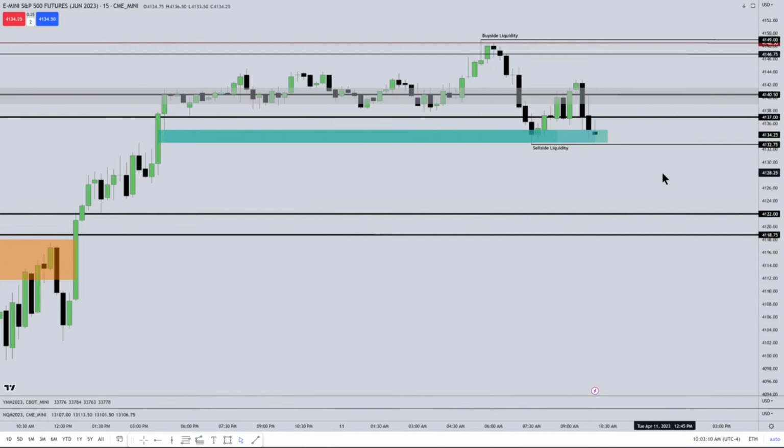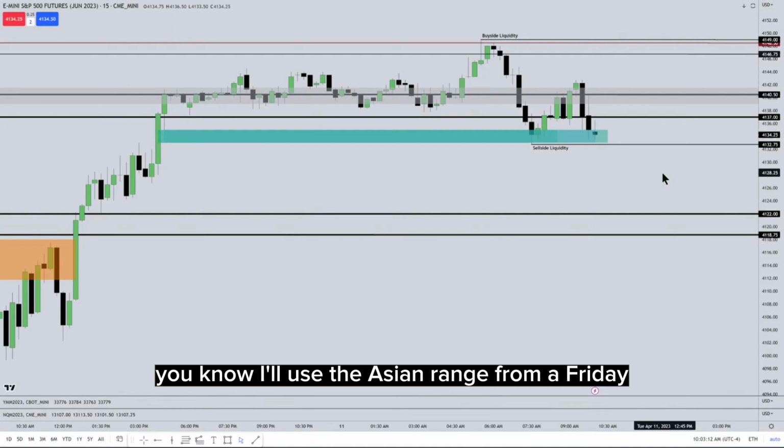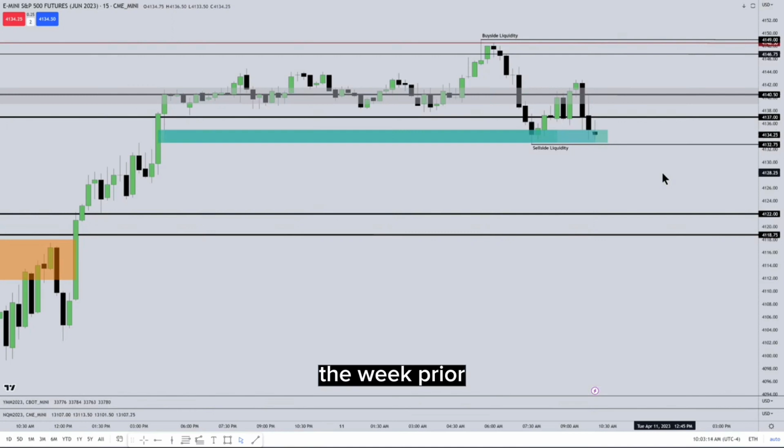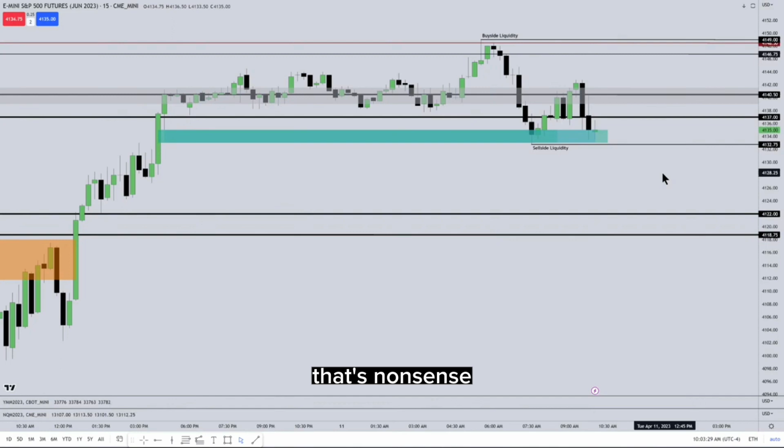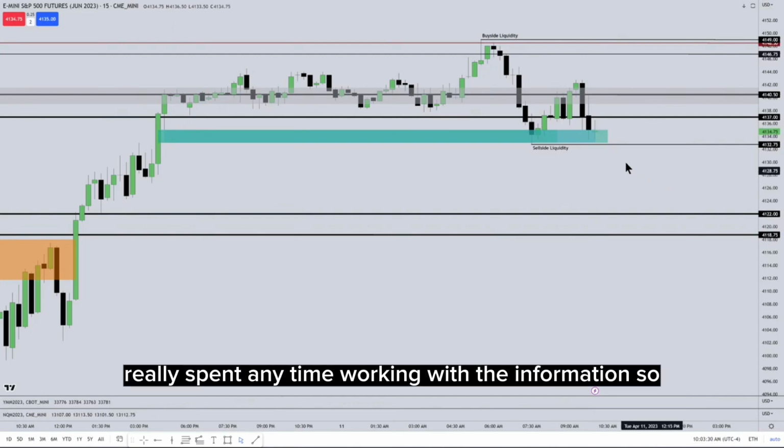Kind of like how I'll use the Asian range from the Friday of the week prior on Monday's trading, which makes no sense to anyone else who understands there's an Asian range. Ask anybody about Asian range and how that might be useful, and they'll say that's nonsense, but that's somebody that hasn't really spent any time working with the information.